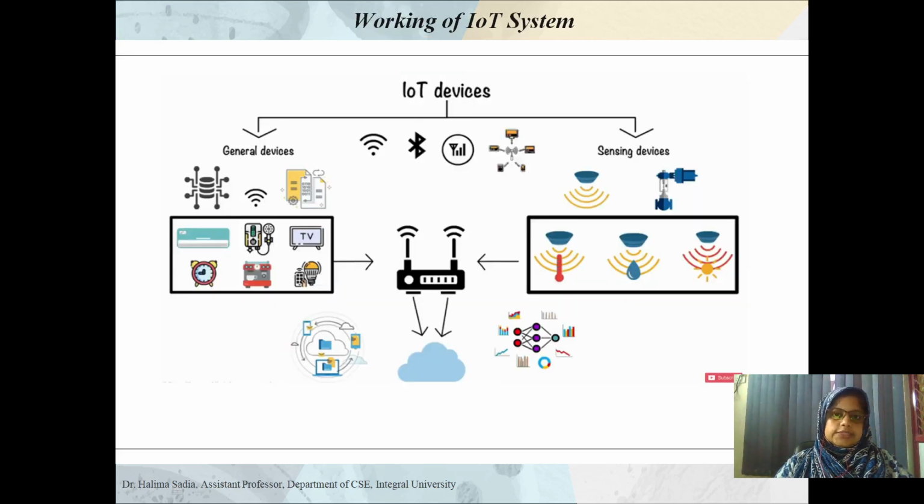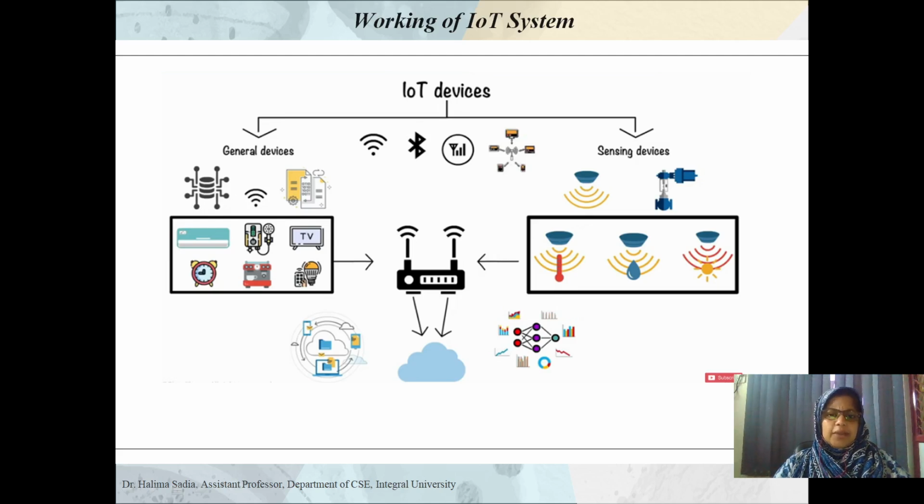Now, if we concentrate on this picture, what is shown over here is that the IoT devices are basically categorized into two types, the general devices and the sensing devices. The general devices can be thought of as data hubs and information exchange. These can be connected through wired or wireless networks.